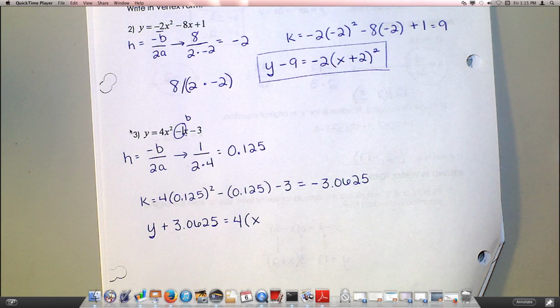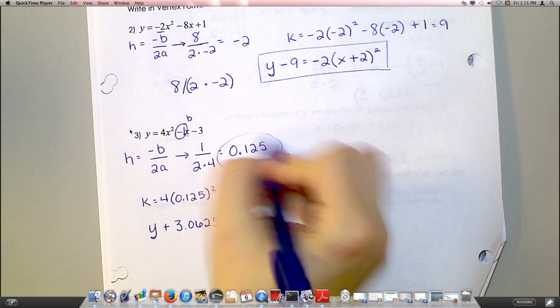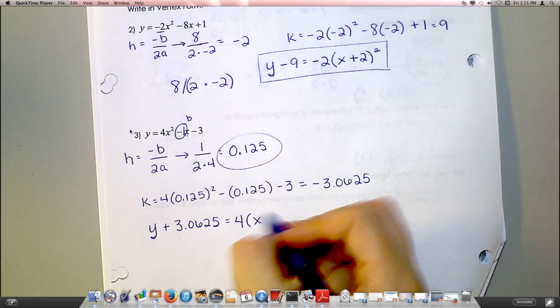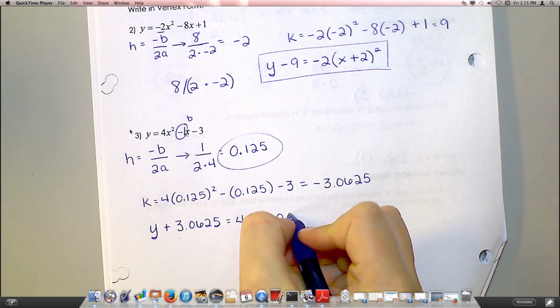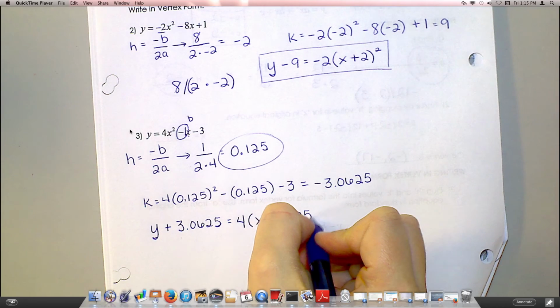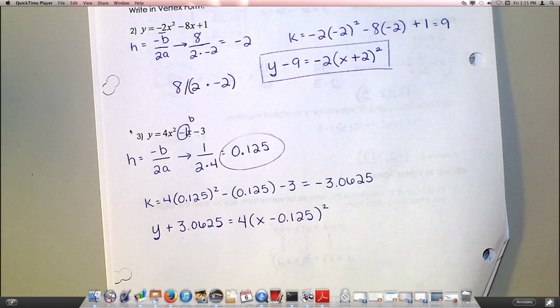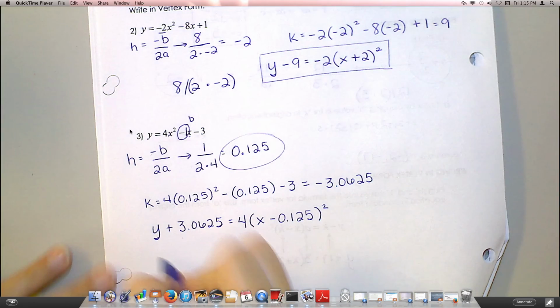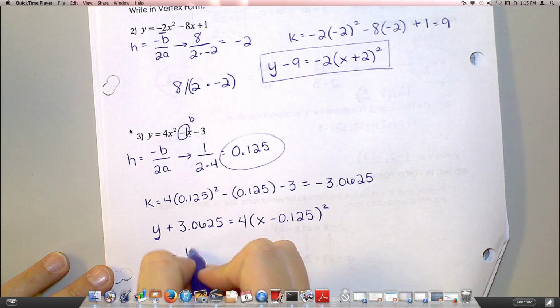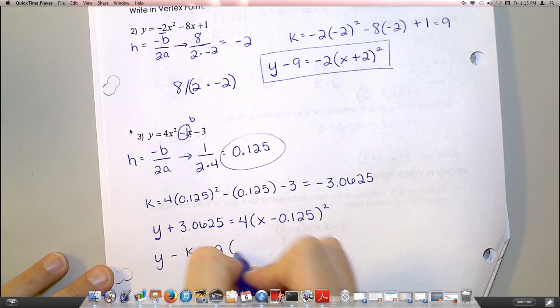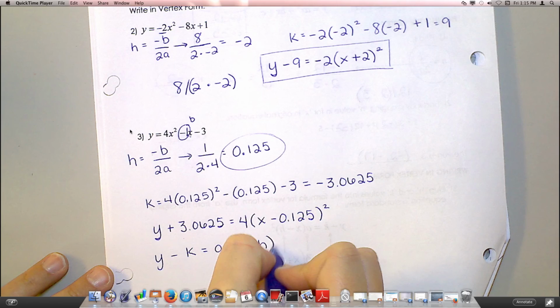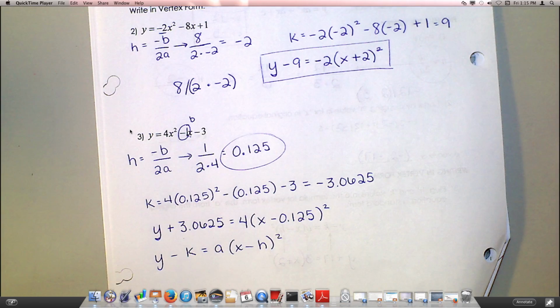The H. H goes with X. Your formula is on the other page: y minus k equals a times (x minus h) squared. That's what you need for these.